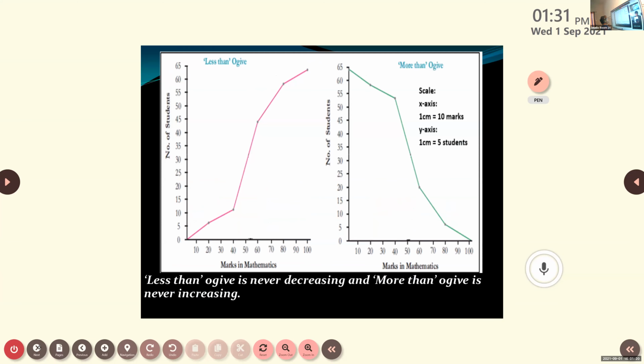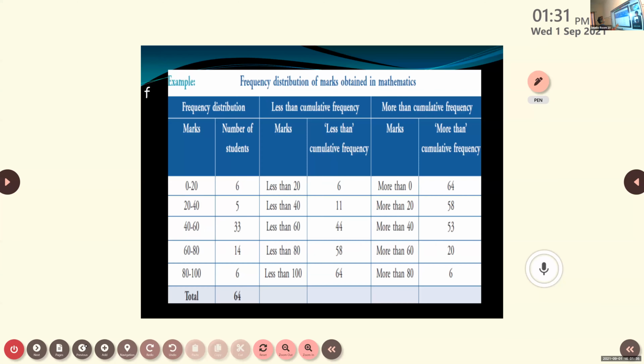Next, we are constructing the ogive here. One important point you can see: less than ogive is never decreasing. That you see here, is it decreasing? It is never decreasing.